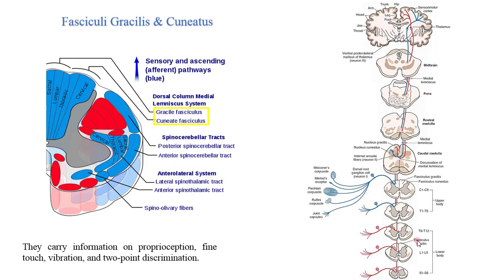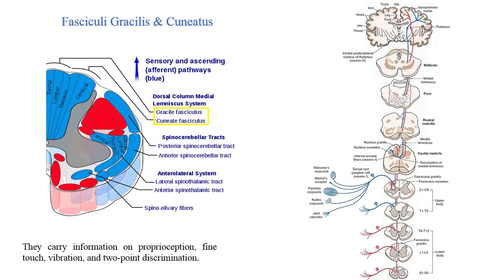Fasciculus gracilis lies medially and contains fibers from the coccygeal, sacral, and lower thoracic regions, which means that it stretches the length of the spinal cord, while fasciculus cuneatus lies laterally and consists of fibers from upper thoracic and cervical spinal ganglia, which means it would only be visible in the cross section through these regions.